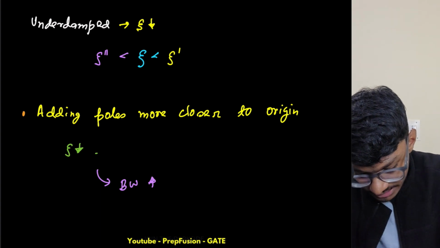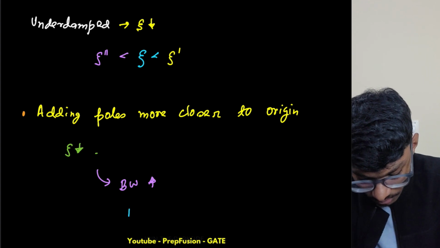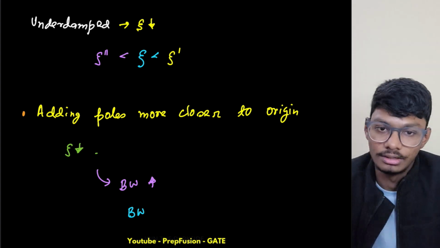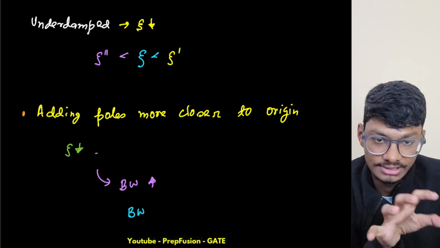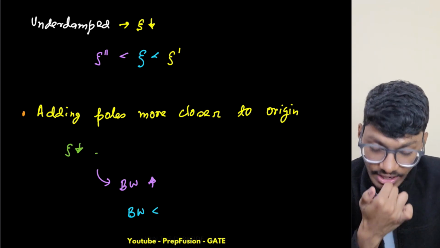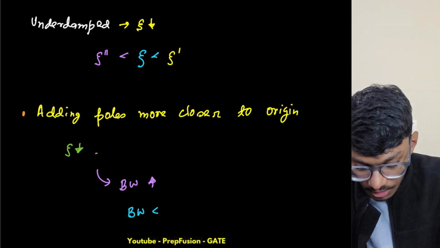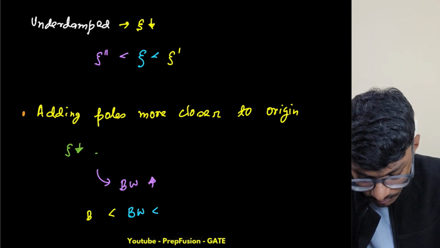So what are the things we observe from these cases? As I said, bandwidth will increase if zeta reduces. Initially it was critically damped, so I can't talk about bandwidth, but let's say a ballpark number. Let's say all three systems were still underdamped after adding poles. If I add a pole further away from the origin, my bandwidth will reduce.